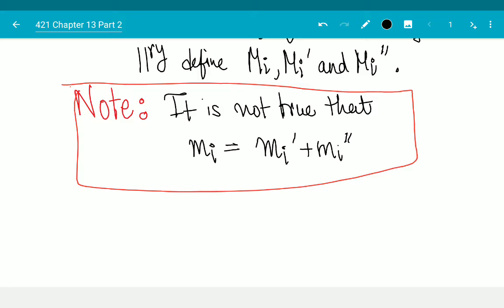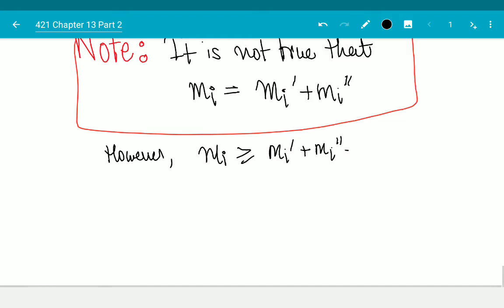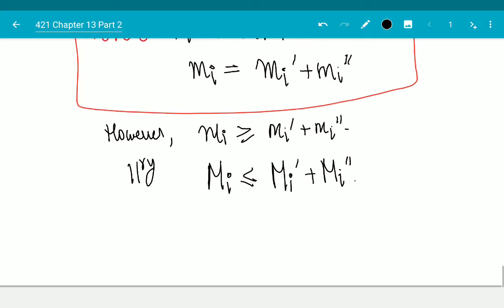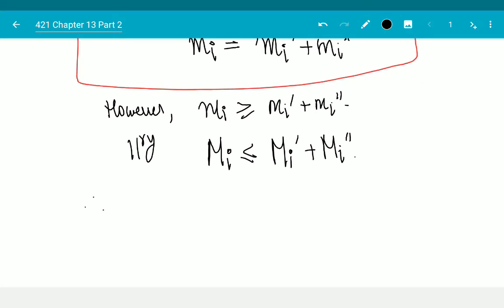However, what is true? mi is actually greater than or equal to mi prime plus mi double prime. It is always going to be greater than this. Similarly, big Mi is smaller than or equal to capital Mi prime plus capital Mi double prime. Well, what does that mean?